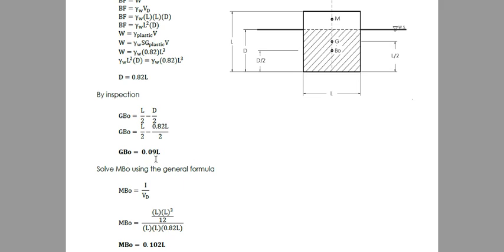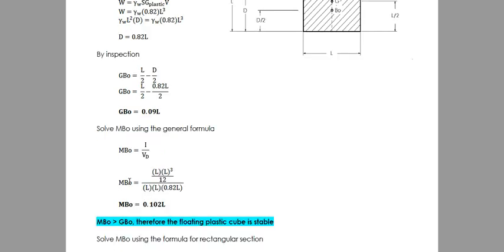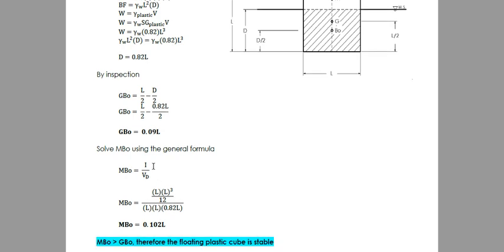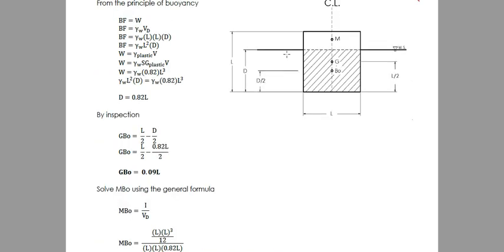Okay, and then solve natin yung MBO using the general formula, MBO is equal to I over VD. So, that's L times L cubed over 12. That's the cross section. Yung I niyan is the I of the cut section.